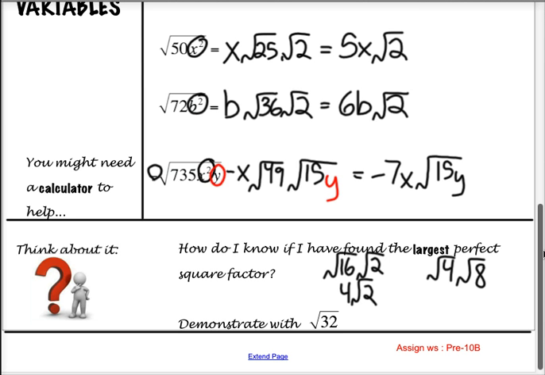Well, the way you can tell that you missed a perfect square is notice that 8. That 8 also has a perfect square that can come out of it. It has 4 inside of it still. Square root of 4 times square root of 4, well, 2 square root of 2. So you can get to the same place. And you saw that when we were working with the larger numbers. However, it's still most convenient if you can pull out the largest one right away, right off the bat.